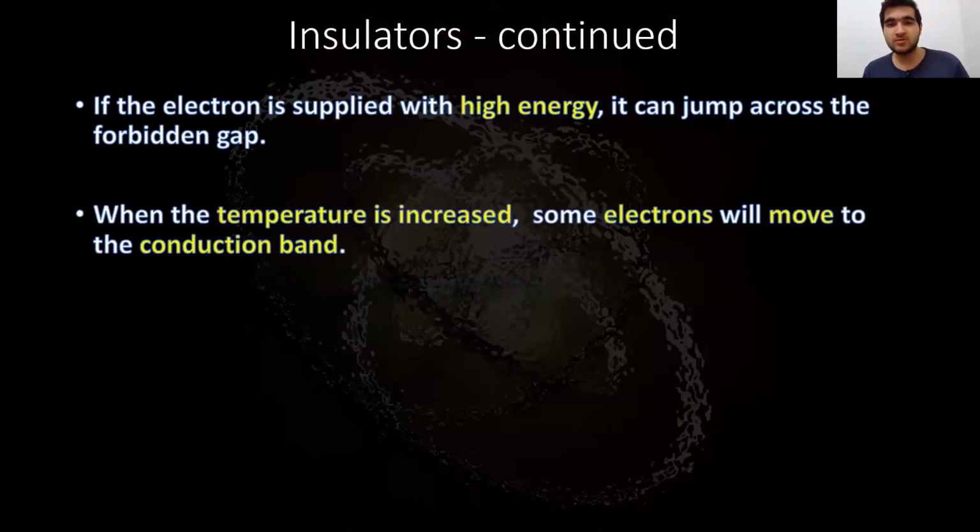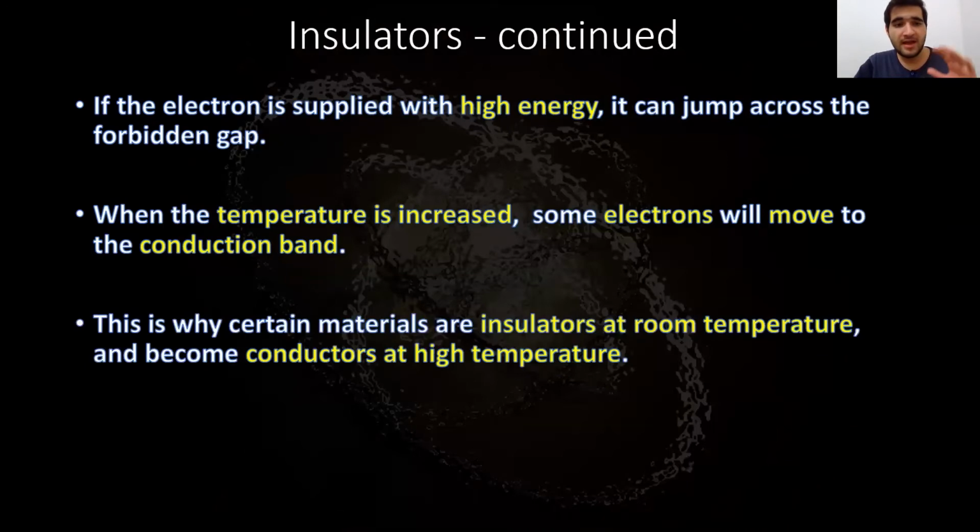When the temperature is increased, some electrons will move from the valence band to the conduction band. This is why certain materials are insulators at room temperature and become conductors at high temperature. So it is very much in the realm of possibility for insulators to be conductive as well. How do we achieve that?